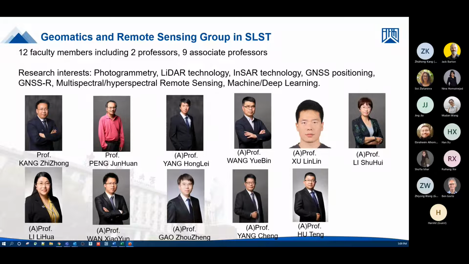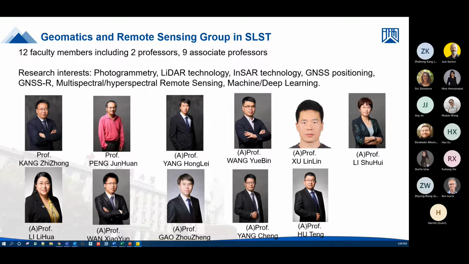Okay, so at the moment in my university, we have a group of geomatics and remote sensing. We have 12 faculty members, including 2 professors and 9 associate professors. Our backgrounds are diverse.